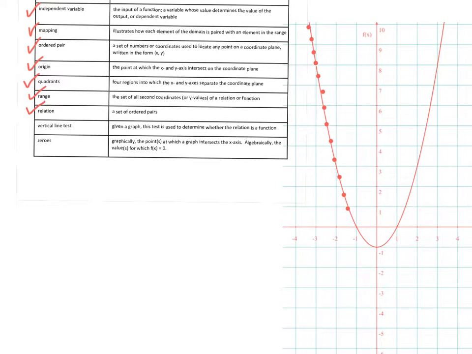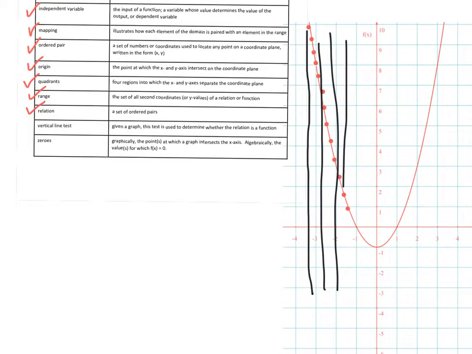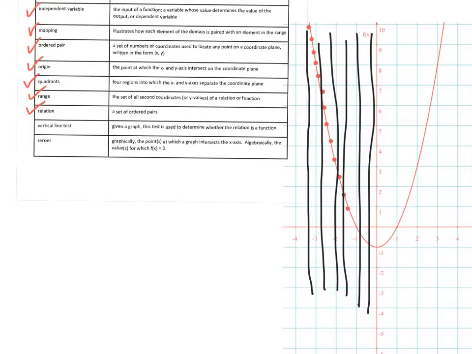All right, so now the vertical line test. What you have to think about in the vertical line test is that a vertical line is just an x value. So these lines might not be terribly straight, but I'm going to try to draw them. All right, so there's a vertical line, here's a vertical line, and a vertical line. And you notice that we're just creating lines that are associated with x values.